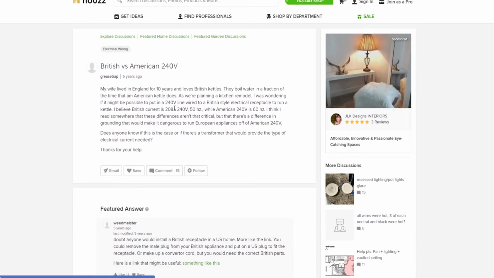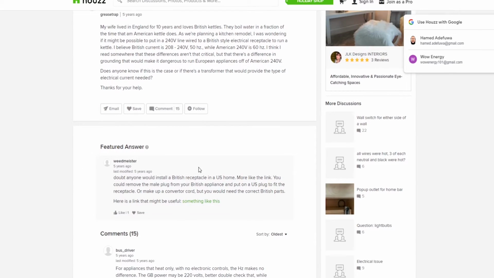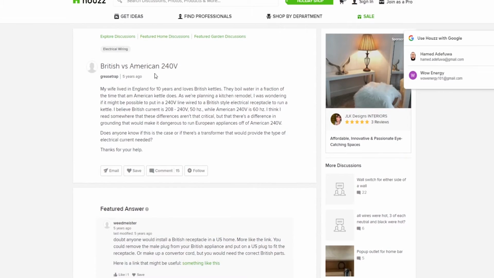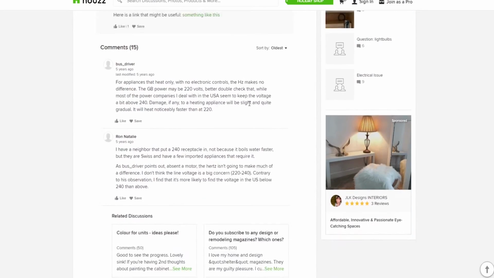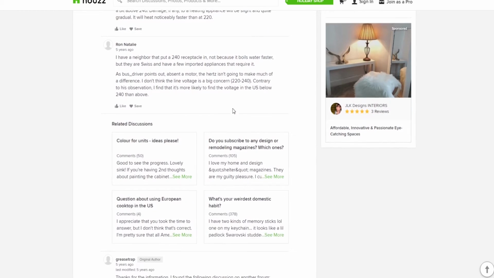My wife lived in England for 10 years and loves British kettles. This is funny. There's this whole issue with kettles, because of the different voltages and how our kettles are amazing.